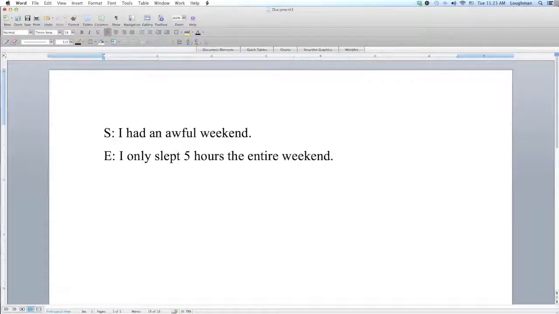And the reason why we know it didn't prove the statement is I can change this and it still makes sense. I had a great weekend. I only slept 5 hours the entire weekend. It's the explanation that would help explain why 5 hours of sleep equals a great weekend or an awful weekend. It's the explanation that explains how the example ties with the statement.